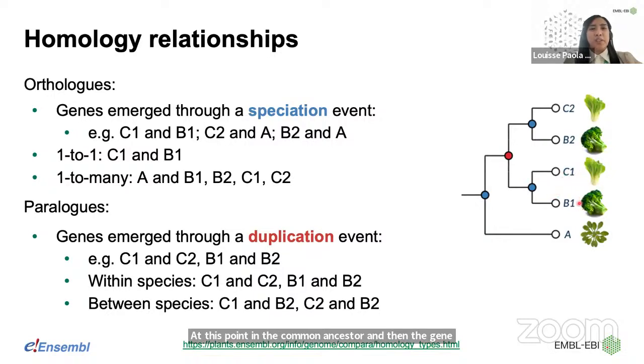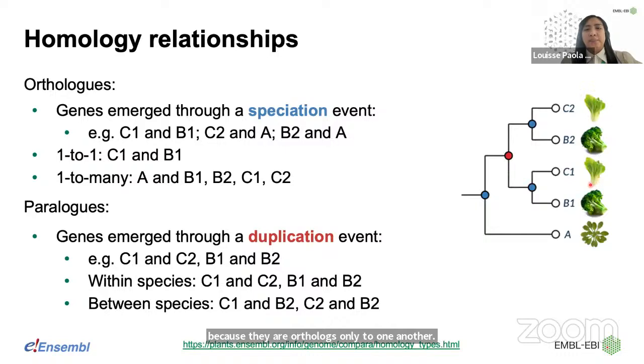So C1 and B1 are orthologs of one another. They can be described as one-to-one orthologs or one-to-many orthologs. C1 and B1 are one-to-one orthologs because they are orthologs only to one another.